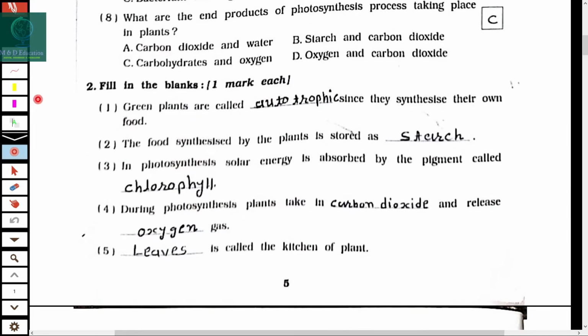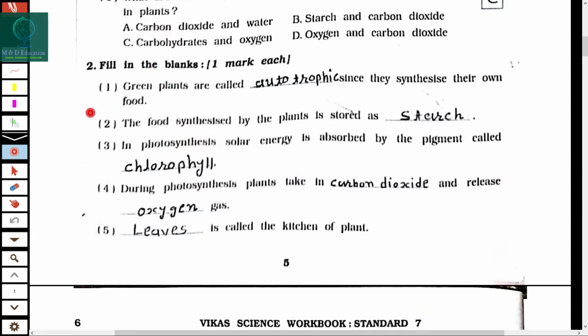Now the second question, fill in the blanks. The first one is, green plants are called autotrophic since they synthesize their own food. Okay. Now the second blank is, the food synthesized by the plants is stored as starch.